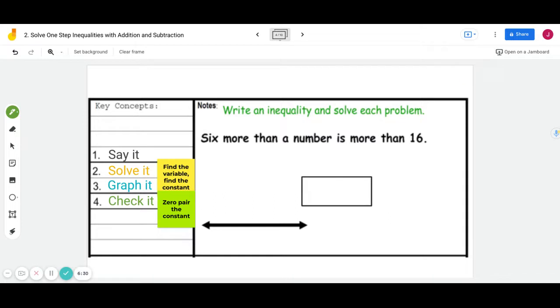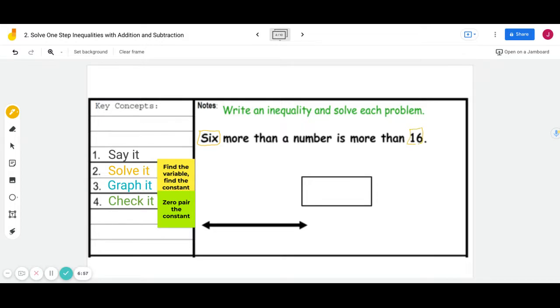All right, so we're going to write the inequality and then solve it. So say it, solve it, graph it, check it is still in play, but we need to write the inequality first from the sentence. 6 more than a number is more than 16. We start with the most confusing one first, okay? So I'm going to put a box around my numbers.